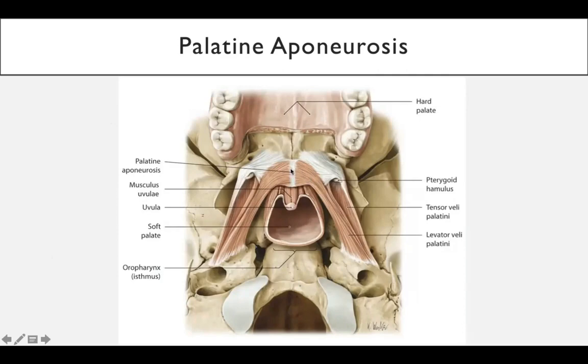It gives origin and insertion to a lot of palatine muscles like levator and tensor, and then there is musculus uvulae. This aponeurosis is split and encloses this muscle. And then there is a cut soft palate. This is not the whole soft palate, this is a cut section. And then there is the oropharyngeal isthmus at the bony structure.